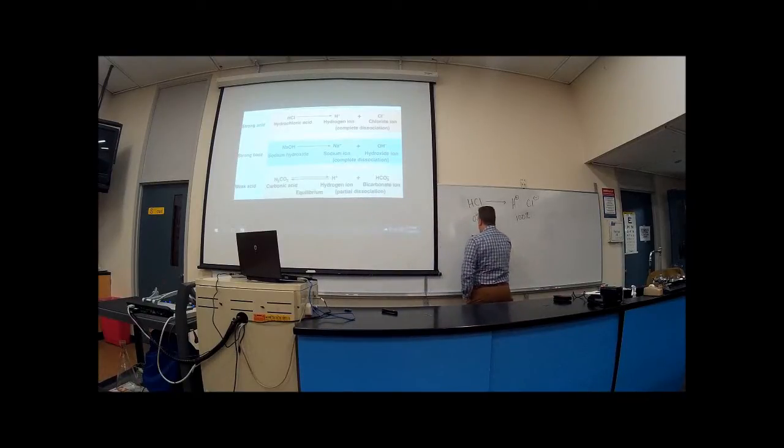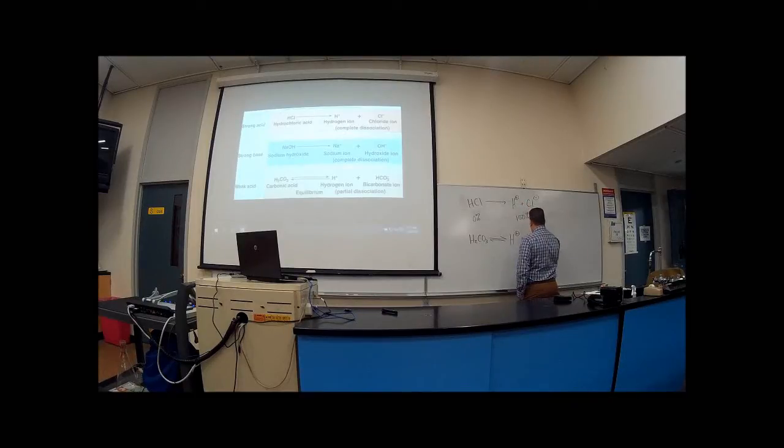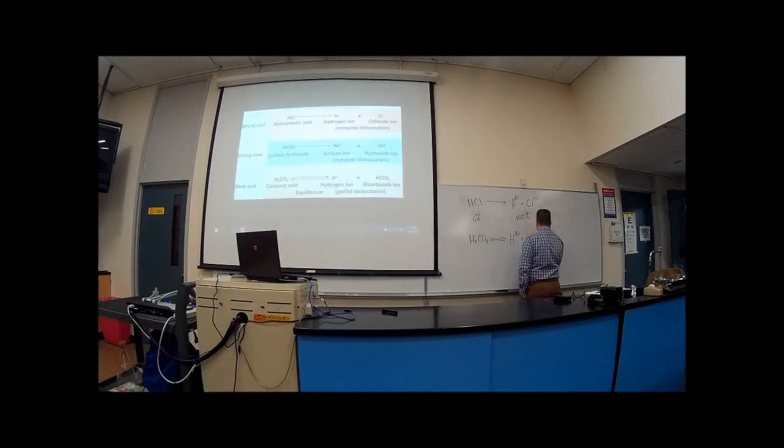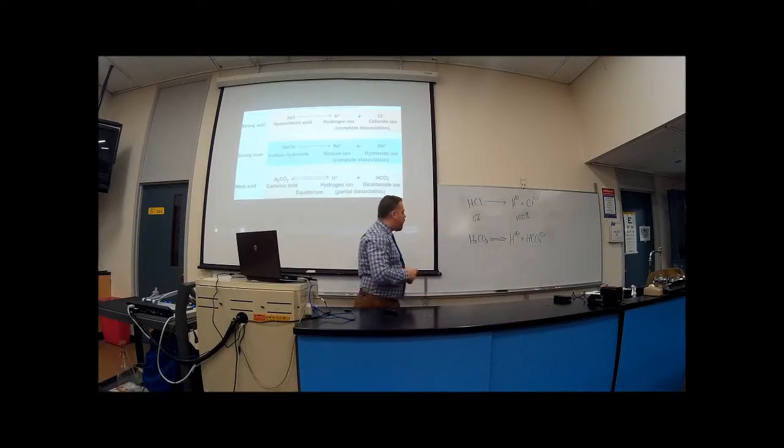But then we have a weak acid. A weak acid is what we've been talking about mainly. And I'll just draw part of it here. Carbonic acid. I'm just not putting the carbon dioxide and the water on the side over here.